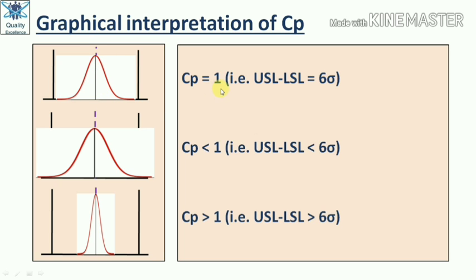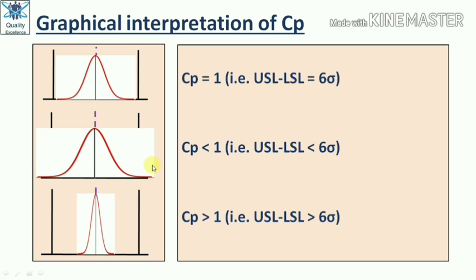In the similar manner, if we see here, this is our USL minus LSL, the voice of customer. So the width of this is less than the width of our process. It means that we will produce some non-conforming parts here, which is not good, right?